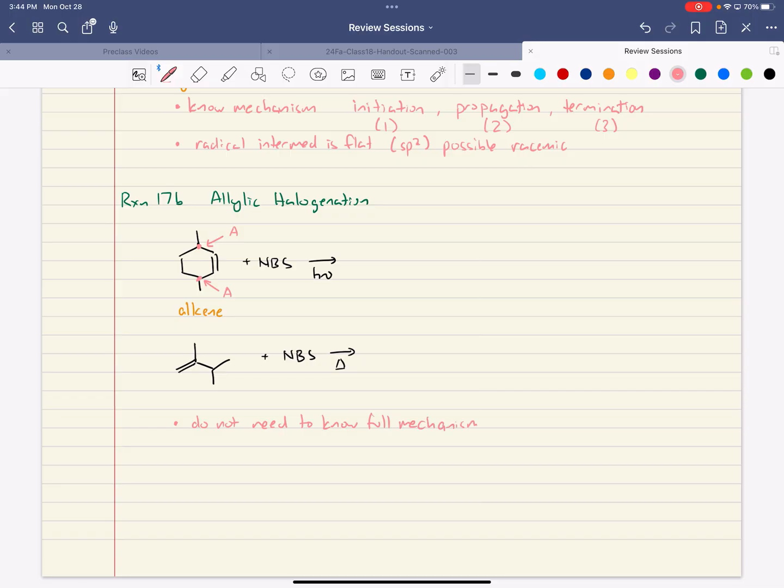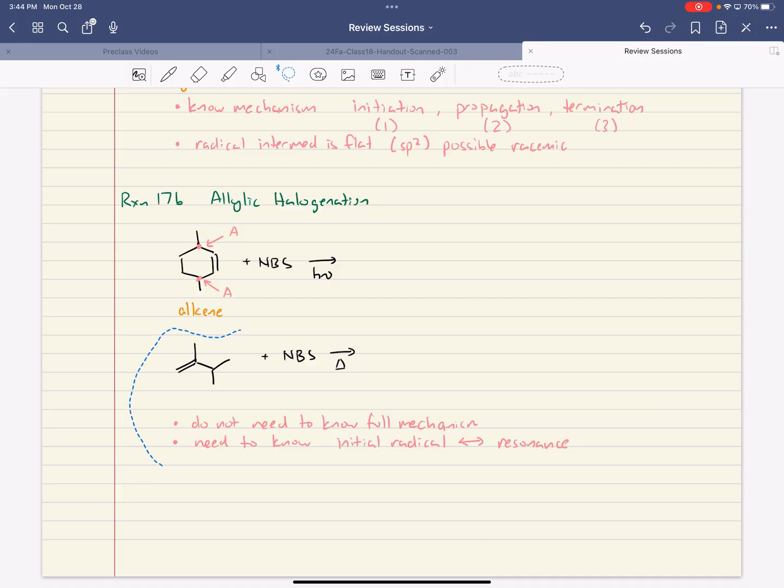You need to know, we'll call this the initial radical, the first radical you make, and its resonance. So this is going to be a little bit tricky.